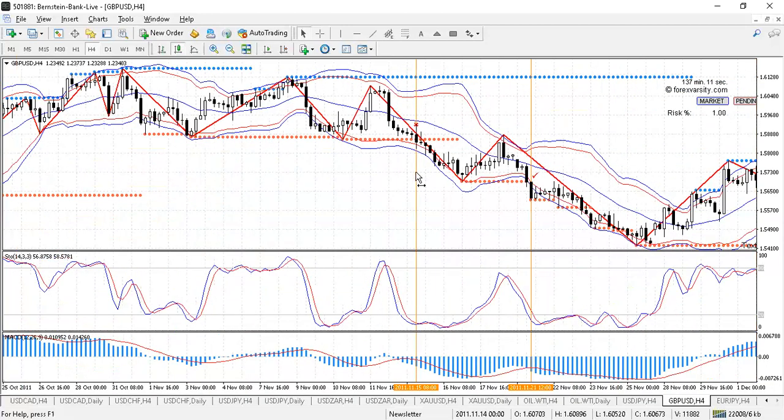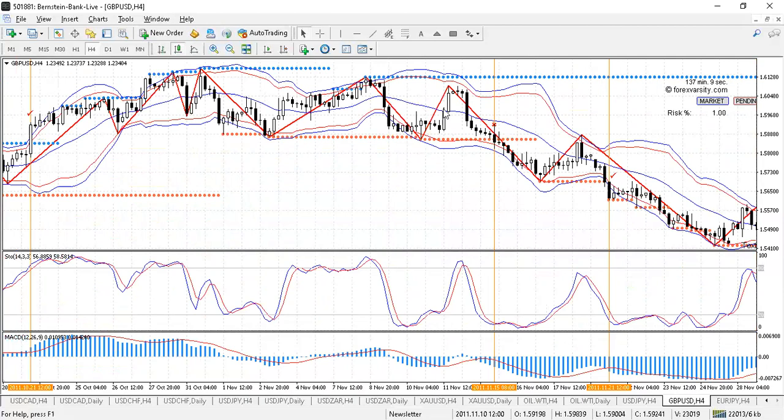Okay, here's an example of what not to look out for, or what not to do. You see this candlestick here, it's actually closed below this level of support. But have a look at the length of the candlestick. It's a very small candlestick, so it's not distinctive enough to really warrant entering a trade.